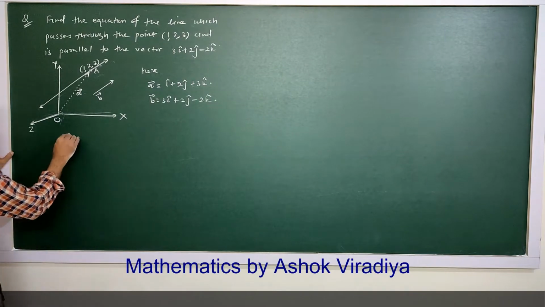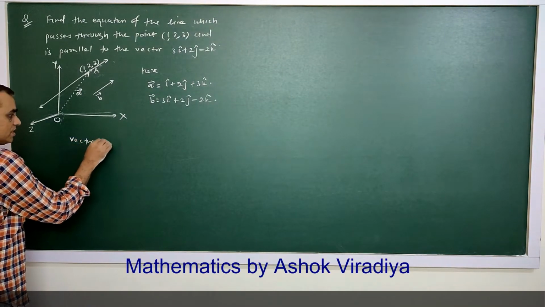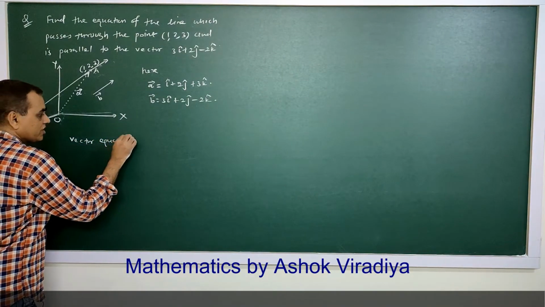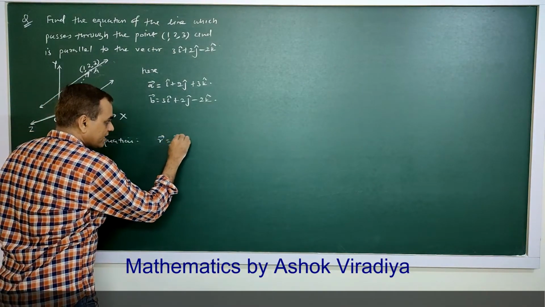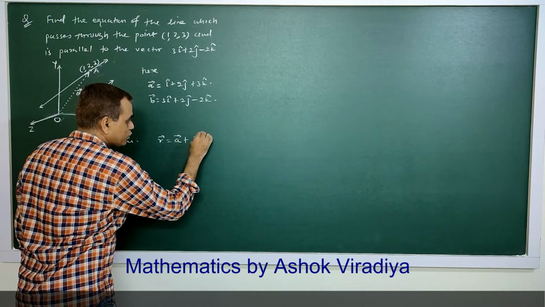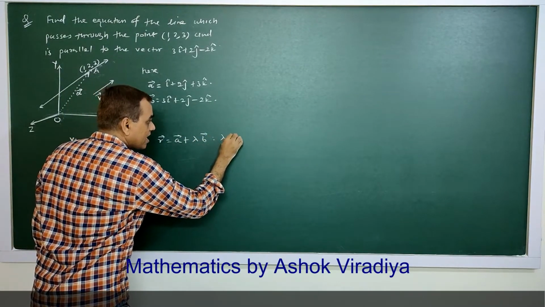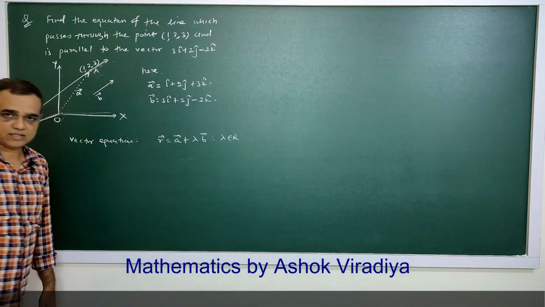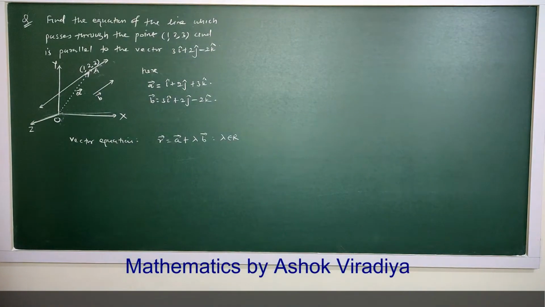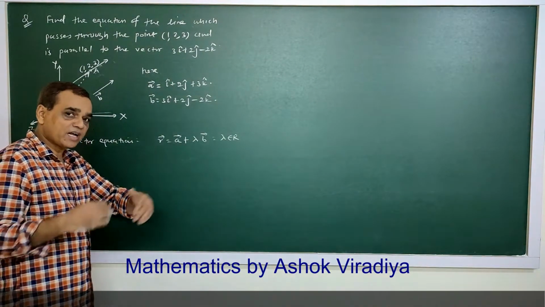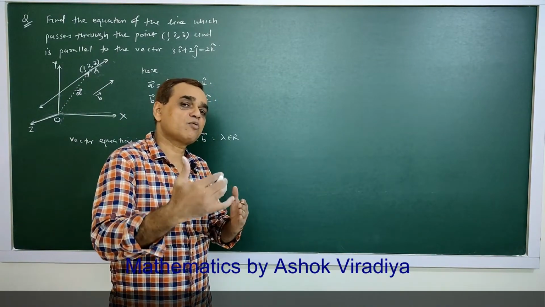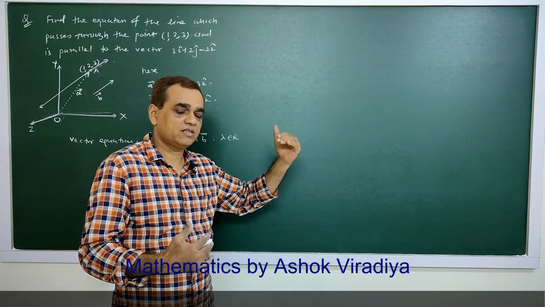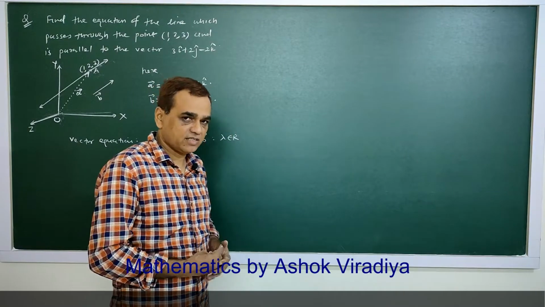So the vector equation is vector R equals vector A plus lambda times vector B, where lambda is any real. Changing the value of lambda, every distinct lambda corresponds to a distinct point which lies on that line.